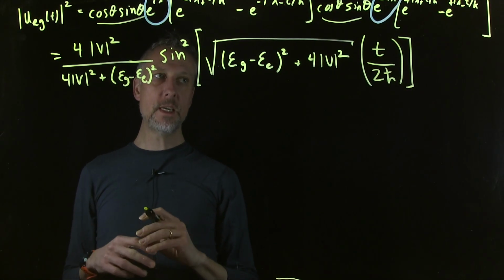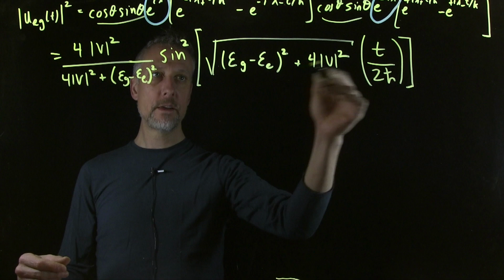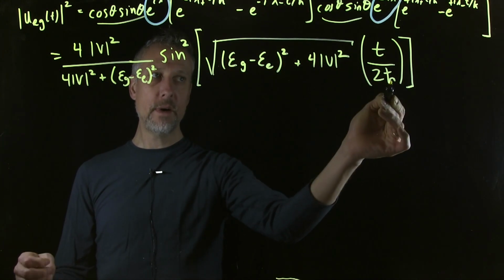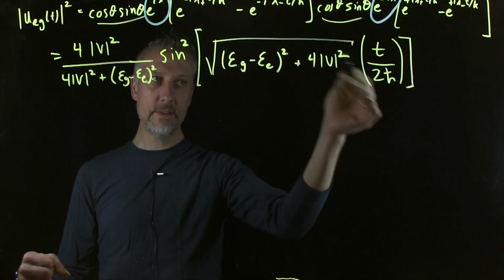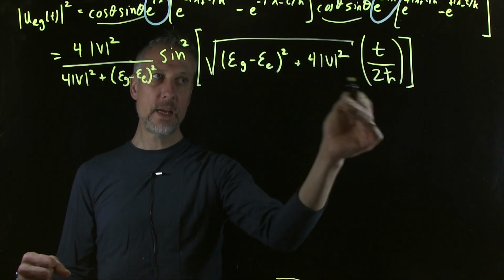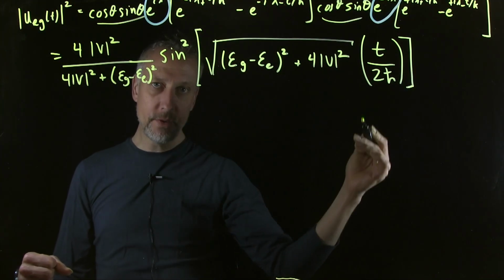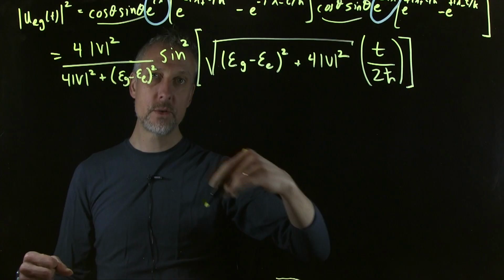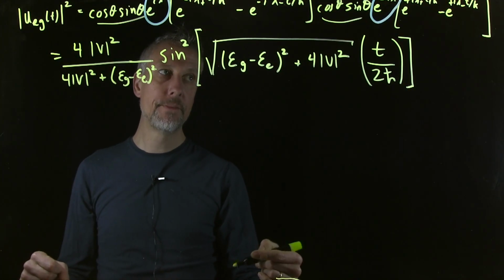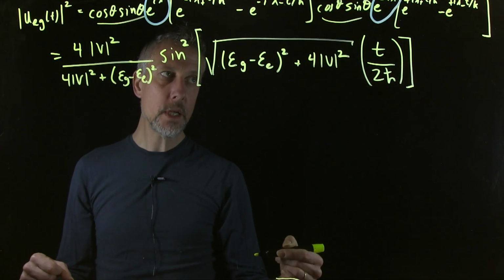All right, so what you see is that this looks like sine squared omega, or energy divided by Planck's constant, so that's a frequency, with a half because of the sine squared. Sine squared doubles the frequency, and so here we're having the frequency, so you get back the same frequency of the gap between the two that you expected to have, and then times time.